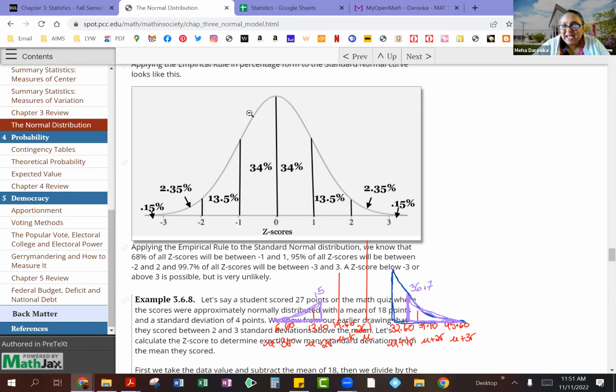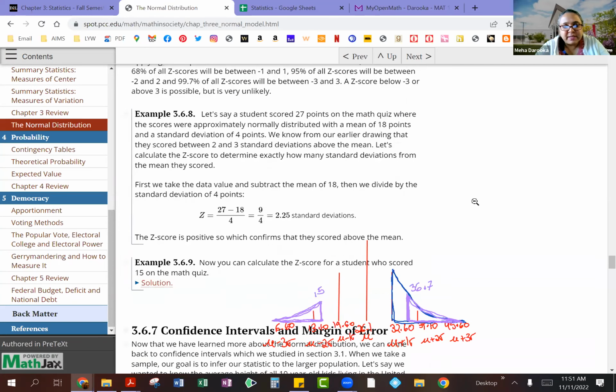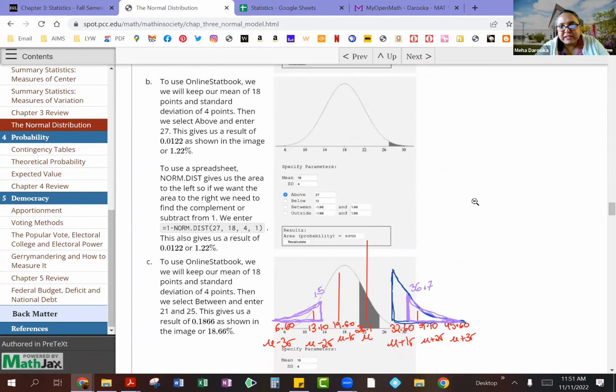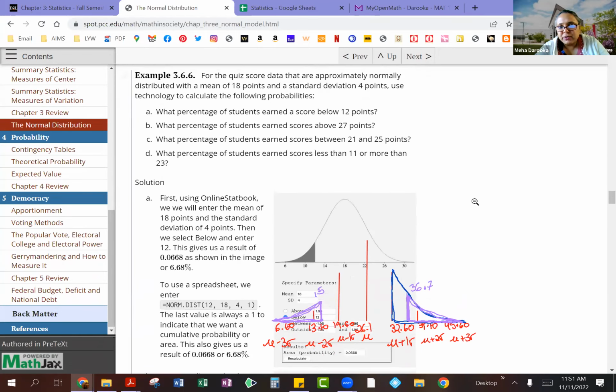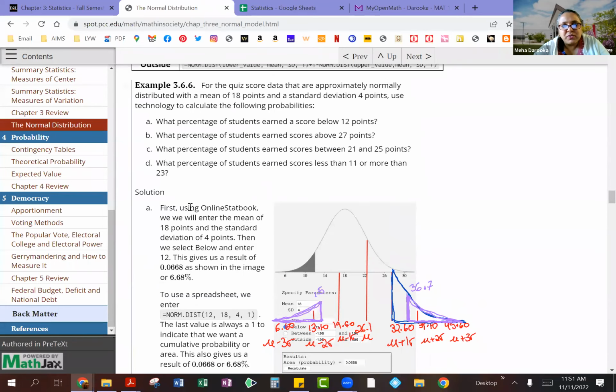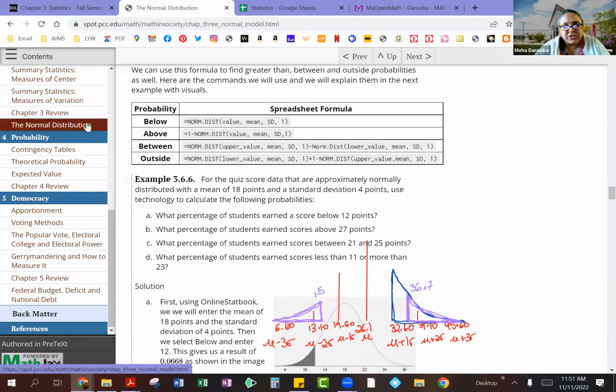So for these types of examples, which kind of fall in between, this is where you want to use either this little calculator that I showed you last time, the online stat book one, or you want to use these built-in calculations. So this would be the one that we would be looking at for this part B over here, because we are saying below 15.